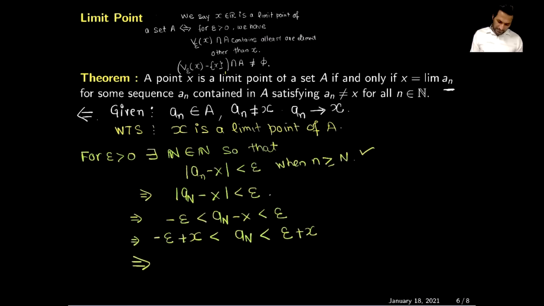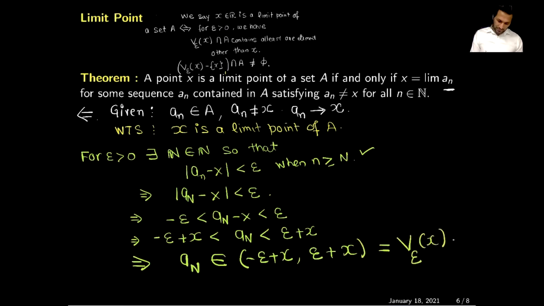This implies a_N belongs to this open interval (x minus epsilon, x plus epsilon), and in fact this is the epsilon neighborhood of x. So a_N belongs to this epsilon neighborhood, and definitely a_N is not equal to x.